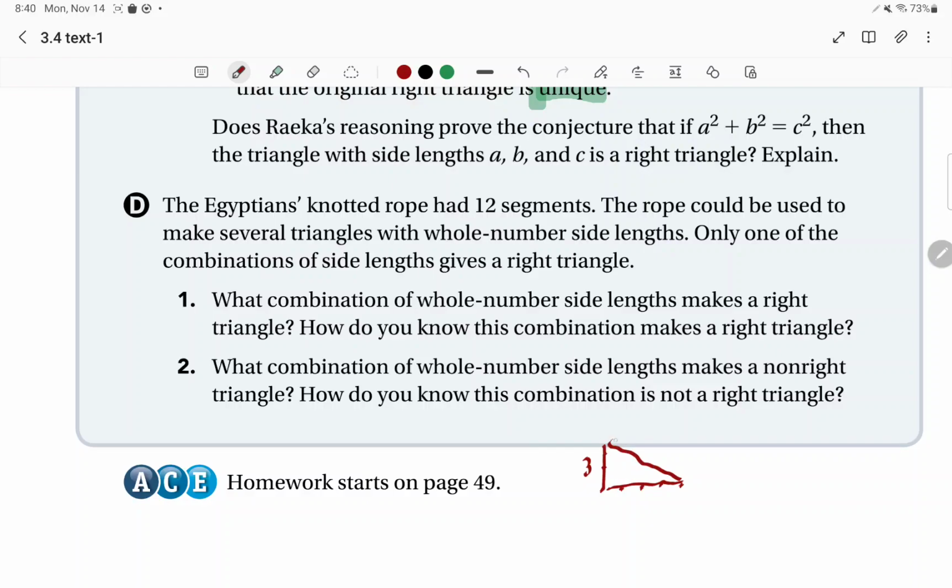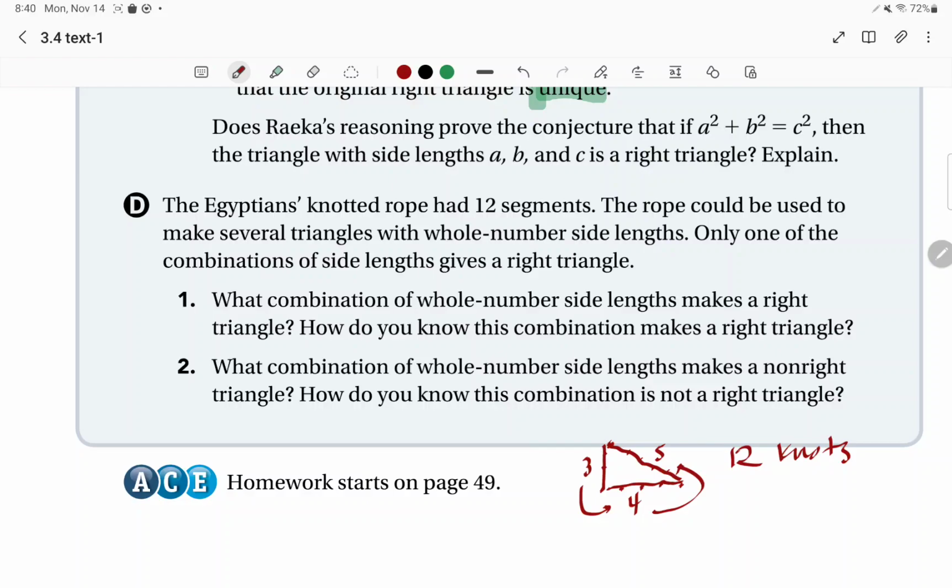And then 5 knots this way. So 1, 2, 3, 4, 5. And that would give you the 12 knots total. So 3 plus 4 plus 5, 12 knots total. Okay, that's the only triangle that you can make.